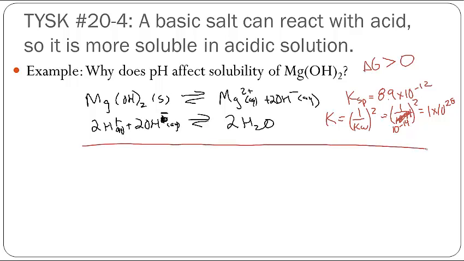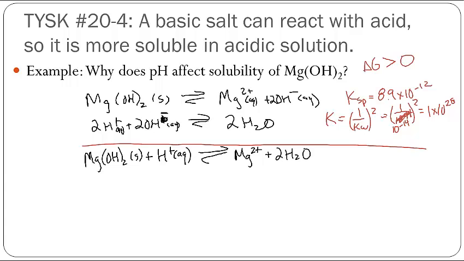Okay. So what we're doing is we're coupling an unfavorable reaction with a favorable one to increase, in this case, our solubility. How would I find the overall K value for my overall reaction?